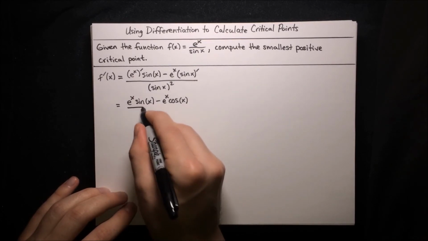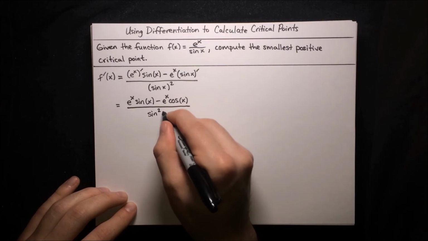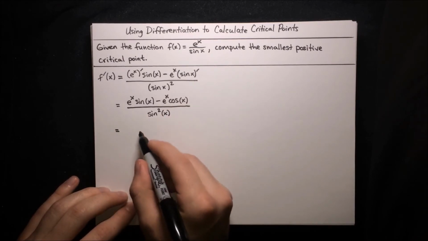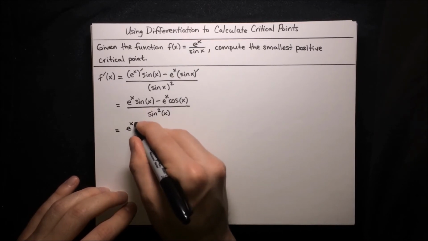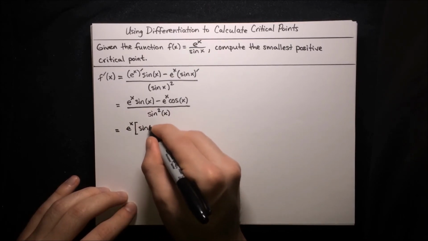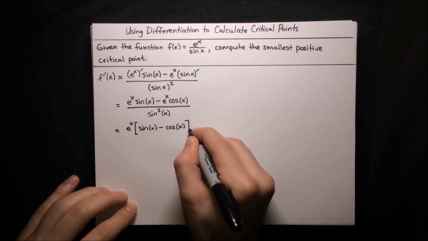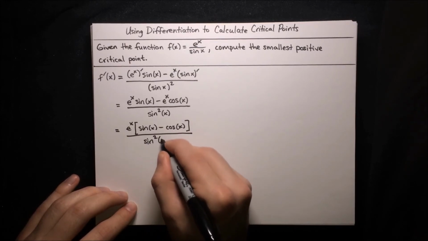And that's all over the square of the denominator, so all over sine squared x. And just to clean this up, we can factor out a common term from the numerator. We can factor out an e to the x. So e to the x times sine of x minus cosine of x, all over sine squared of x.